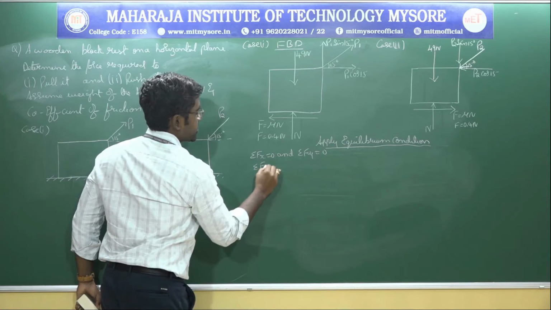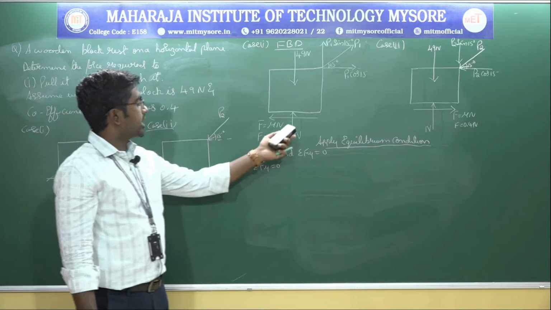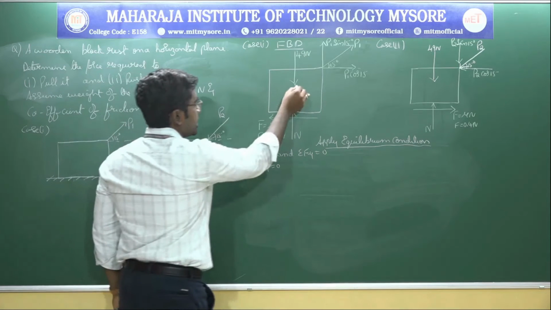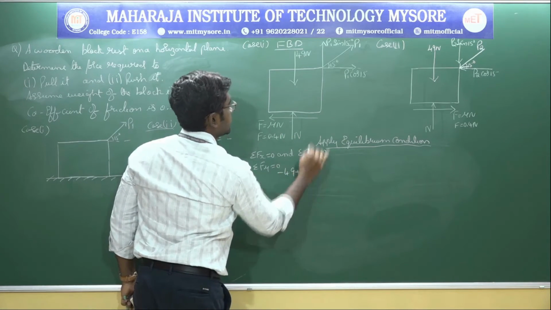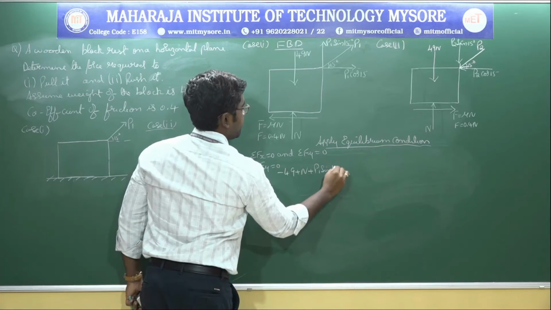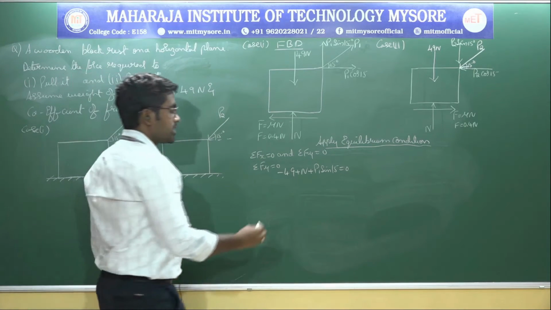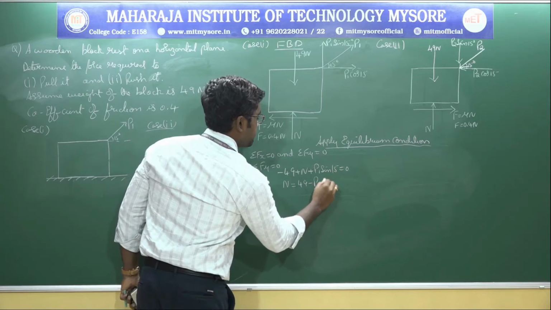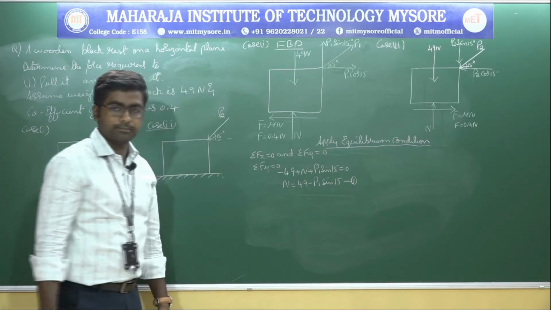Let me apply summation of Fy is equal to 0 first. There are 1, 2 and 3 vertical forces. So here it is minus 49, this is plus N, and this will be plus P1 sin 15 is equal to 0. I am going to rearrange this equation where N is equal to 49 minus P1 sin 15, call it equation number 1.